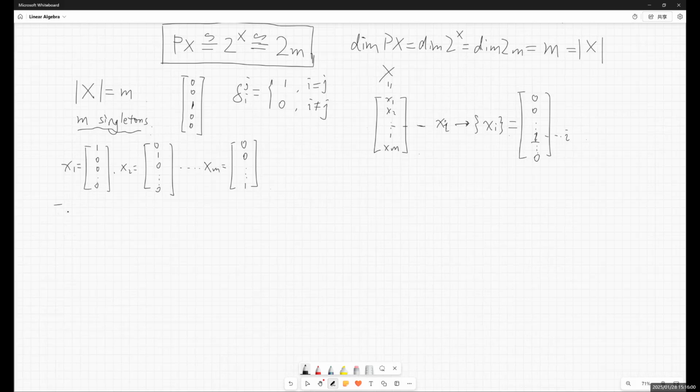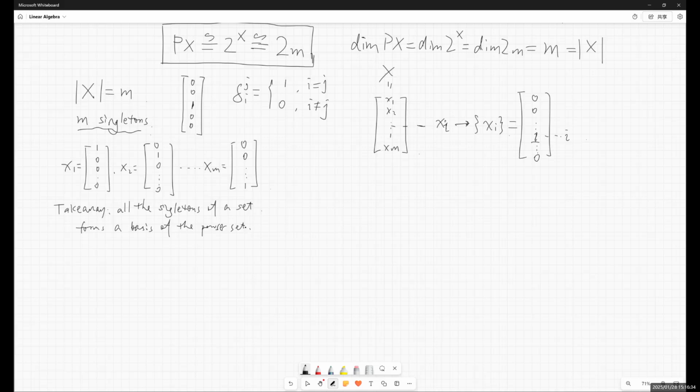And all the singletons of a set form a basis of the power set.